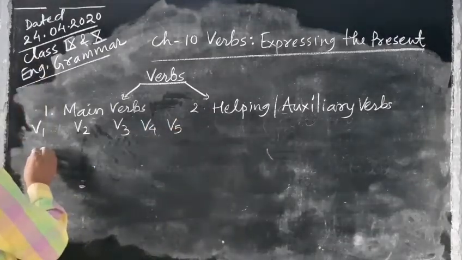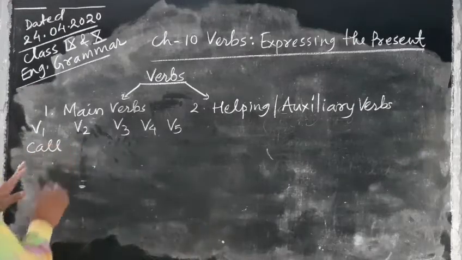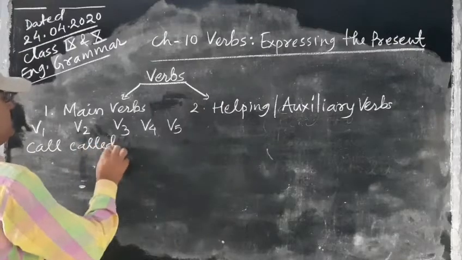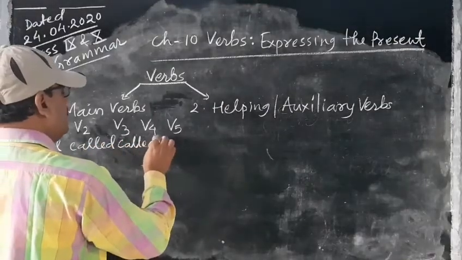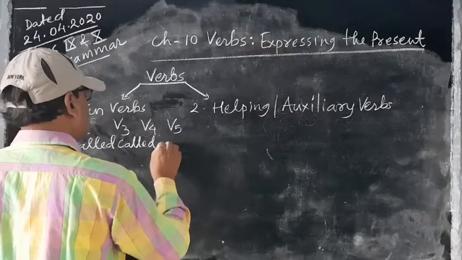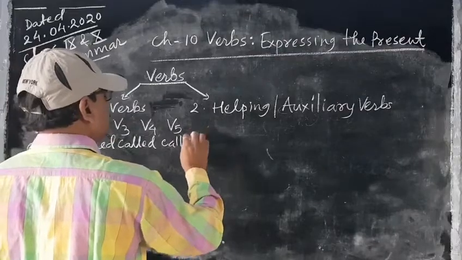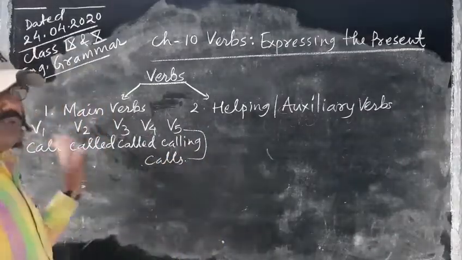For example, a regular verb is called, V2 form is called, V3 form is also called, V4 is calling, and V5 is calls. These are main verbs.